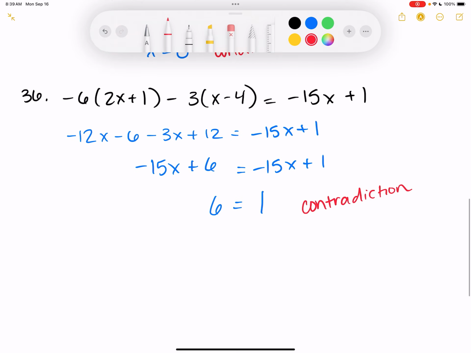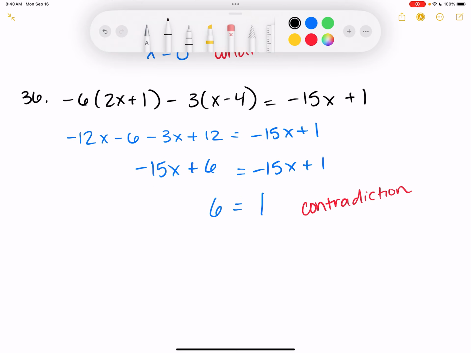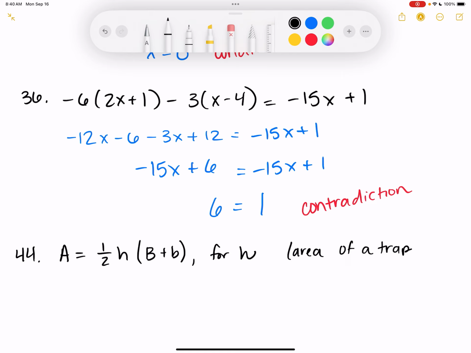So they give us something like 44, area equals 1/2 h times capital B plus lowercase b, and they want us to solve for h, which is the height. They tell us that this is the area of a trapezoid, which is more just FYI. You don't really need to know that to do this problem.